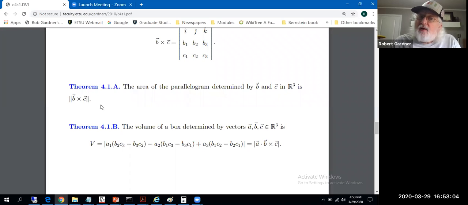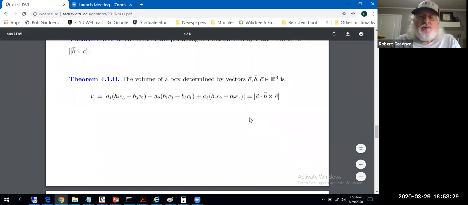And it didn't involve cross products. So this is rather different because it deals with vectors in R3, and it deals with cross products. Before, we didn't have any of that stuff. In fact, we used the stuff before for vectors with 2 components to motivate the determinant of the 2 by 2 matrix.